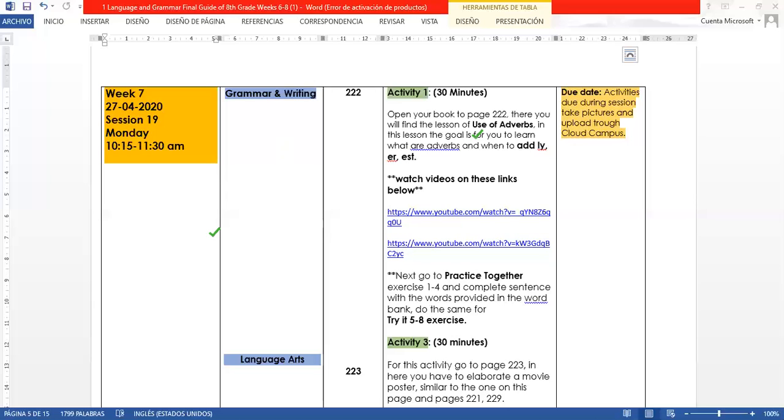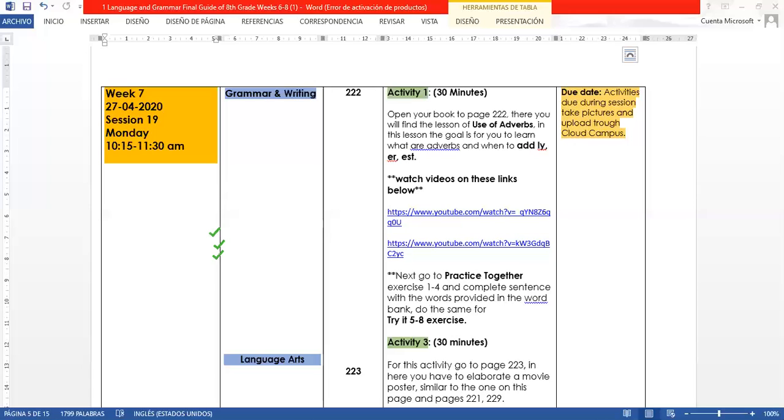It's very different, guys. It's not the same thing. The next rule says add est to many adverbs to compare three or more actions. So these two are very different: er is two actions and est is three or more actions.